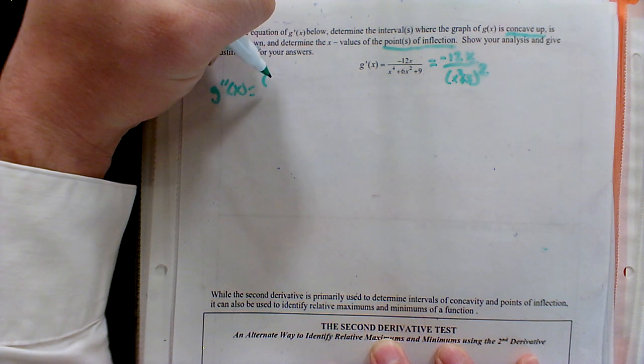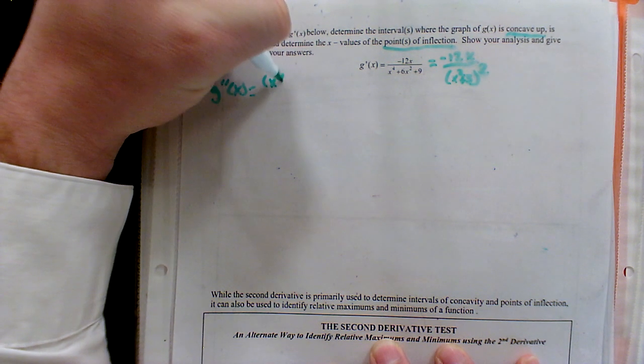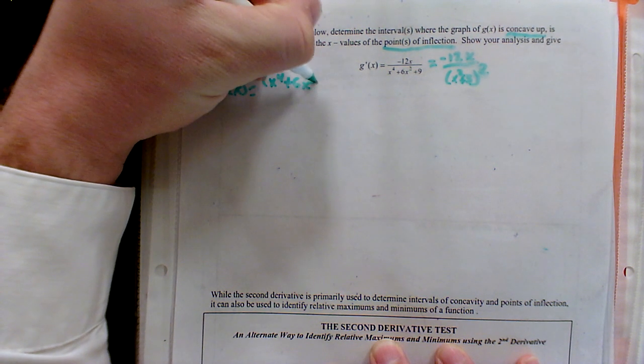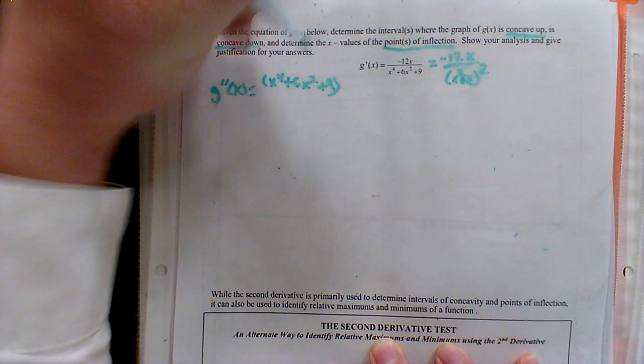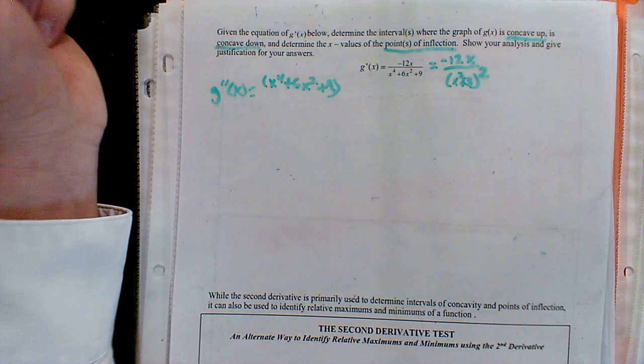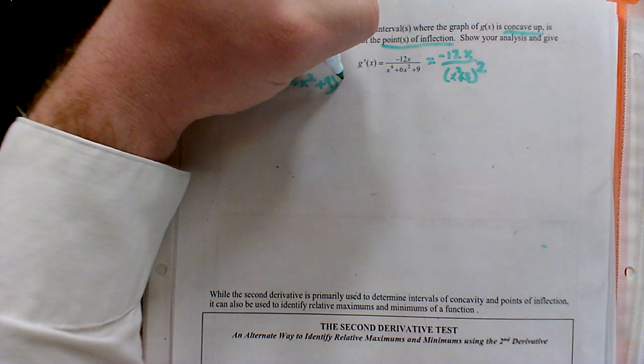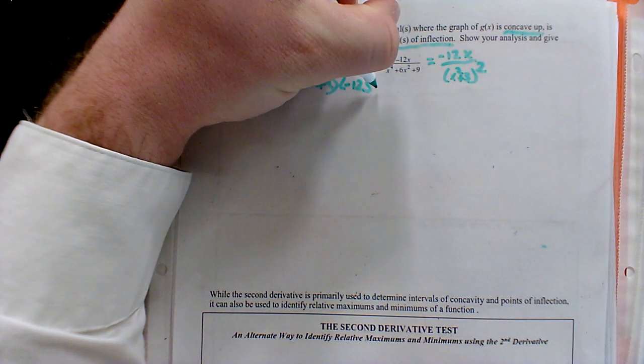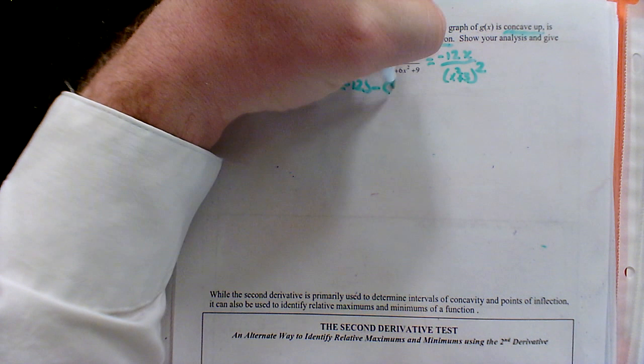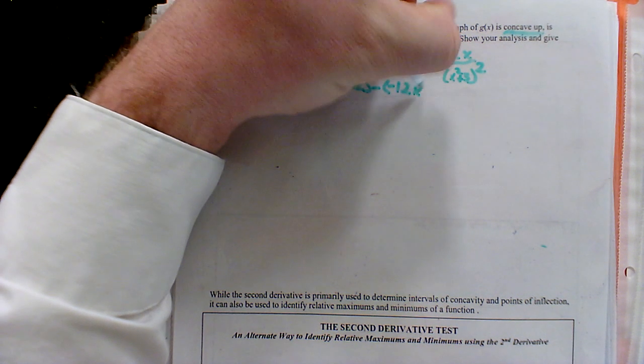So the low d high: x to the 4th plus 6x squared plus 9. Derivative of the top, negative 12x changes to what? Negative 12, minus high, negative 12x.